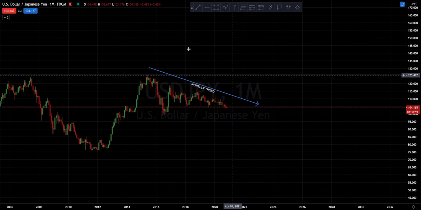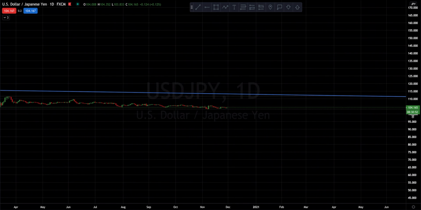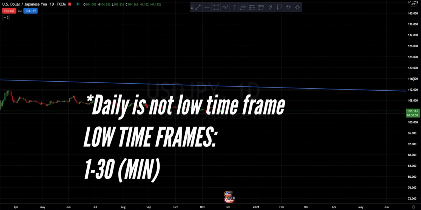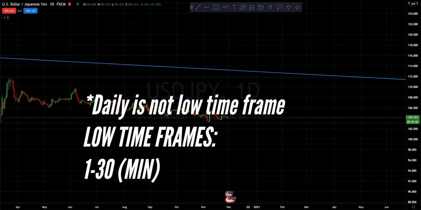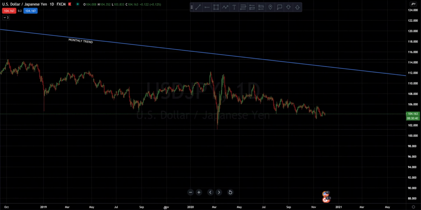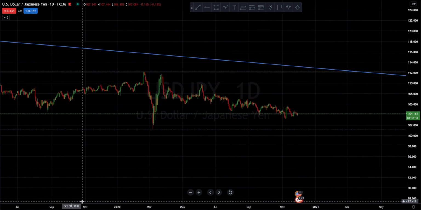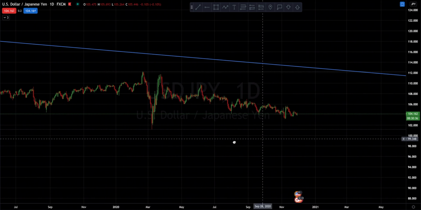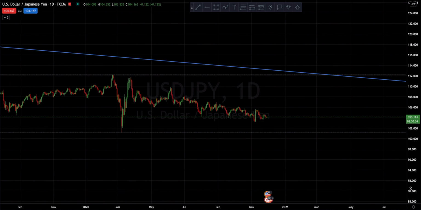So once we have identified that, we go to the lower time frames like the daily to see any pinpoints that we're missing, or anything we can add. So we do this, and it is still in a downtrend. So we can confirm that. Now we look for entries, right?